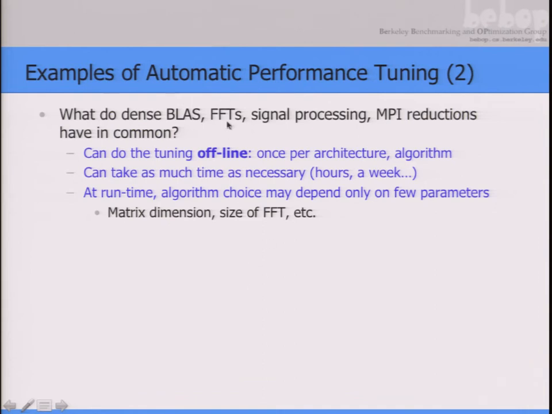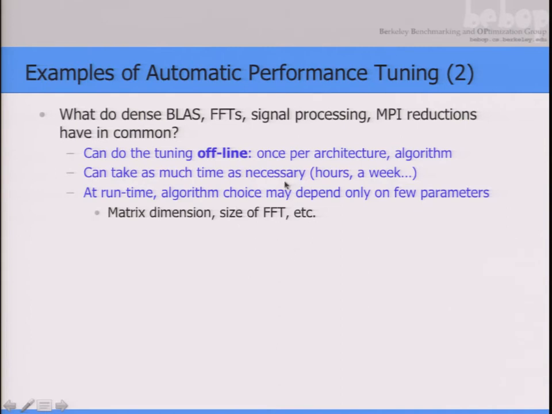So what all of these have in common, as I said, is that you can do it in principle offline. If you know the dimensions of your matrix and the number of processors, say, that's all you need to know in order to pick the right algorithm. You can spend a long time trying to optimize it. And so let me just show you an example of what that tuning space is, which is why it takes a long time.